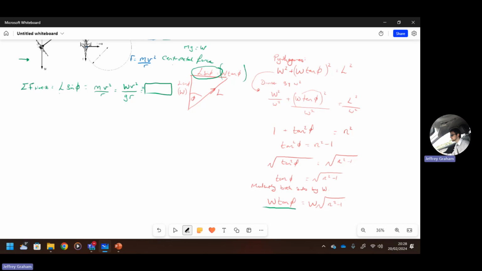So the final part of our equation here, lift times the sine of the bank angle, the centripetal force, mass, and weight versions is also weight in squared minus 1.